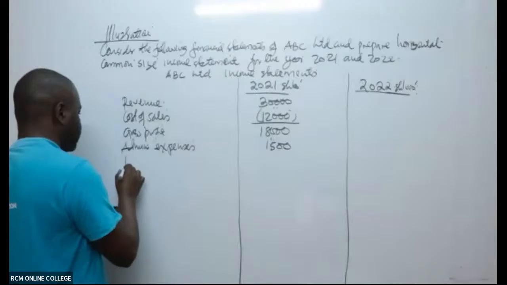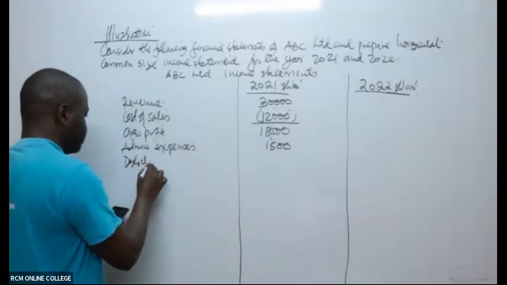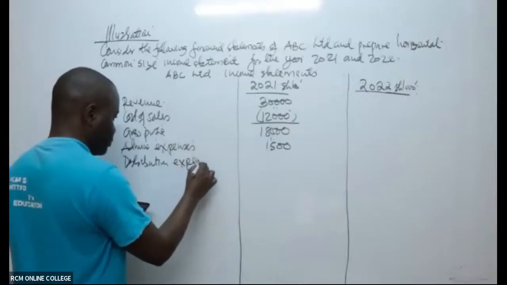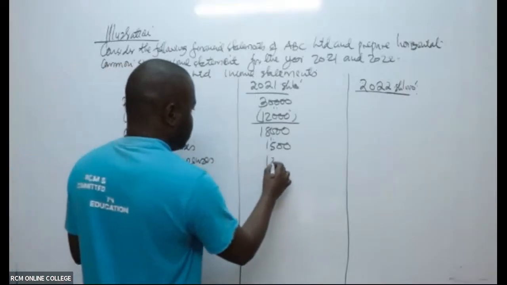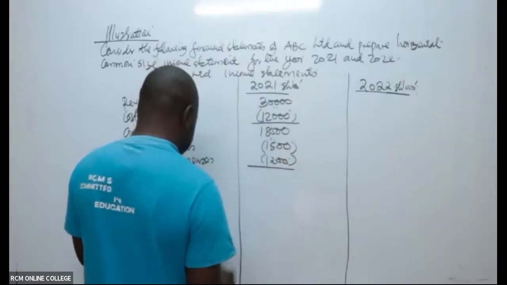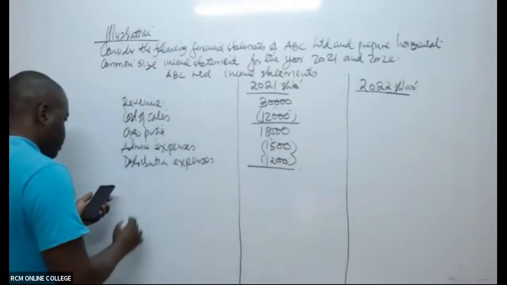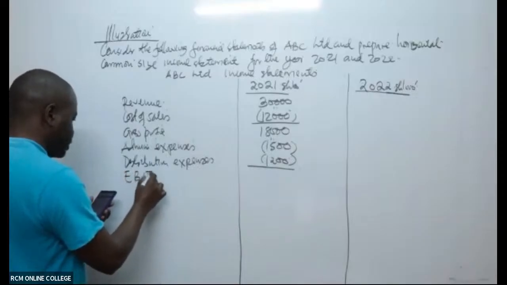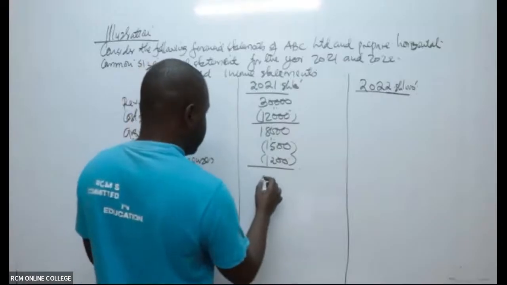Distribution expenses, $1.2 million. So if you subtract them, it will give you earnings before interest and tax of 15.